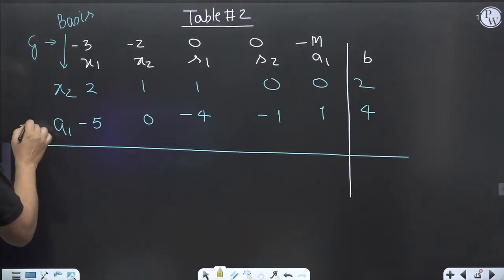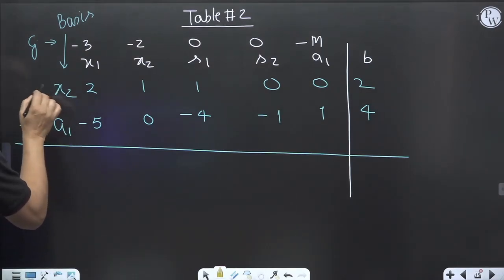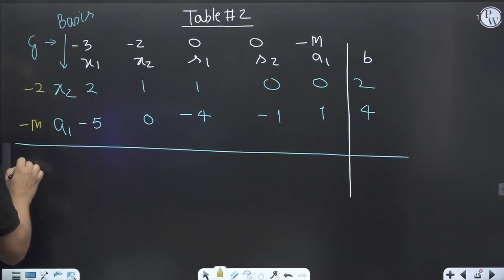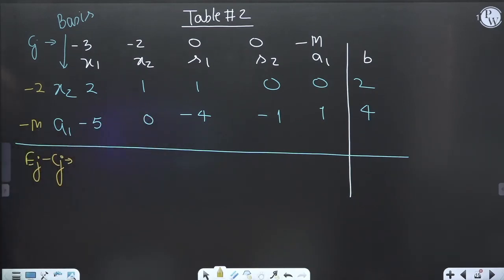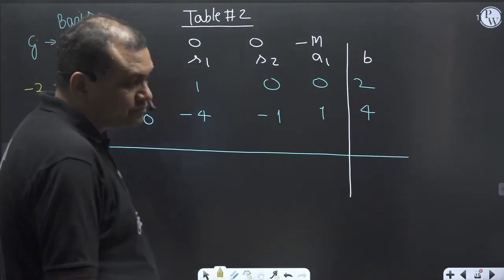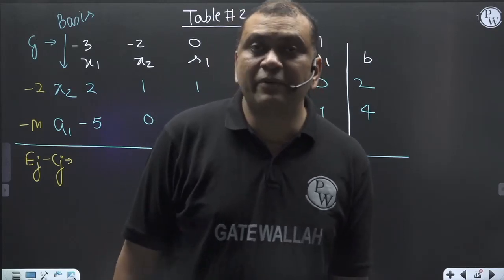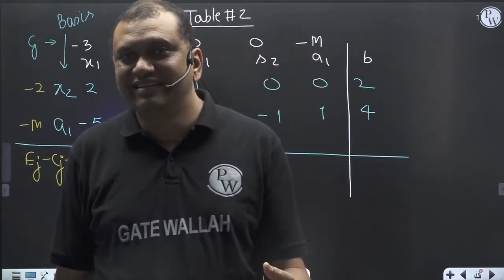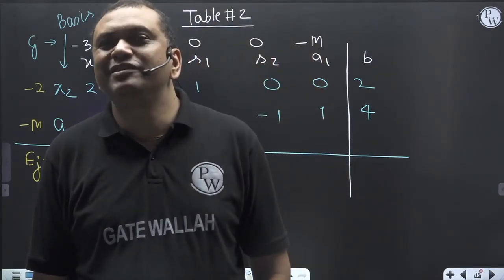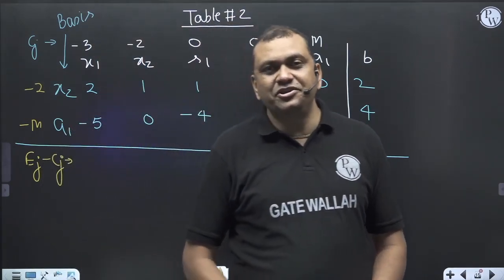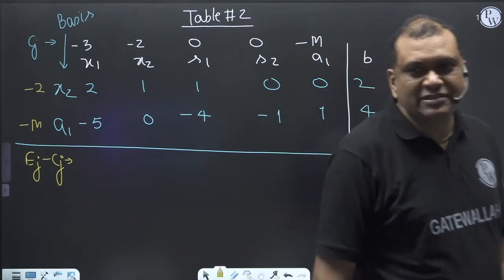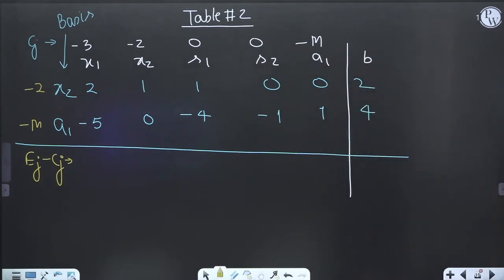Coefficient of A1 is -M, X2 is -2. Again, Cj minus Zj. Giving a 30-second pause in my recording so that you can calculate Cj minus Zj. As I told you, in the One Shot series also you have to be with pen and pencil. Calculate Cj minus Zj.